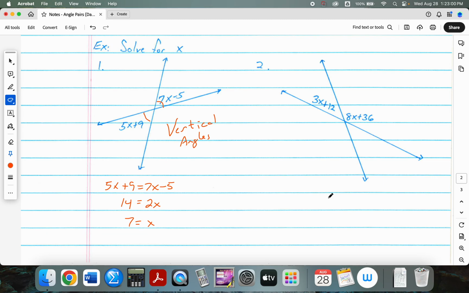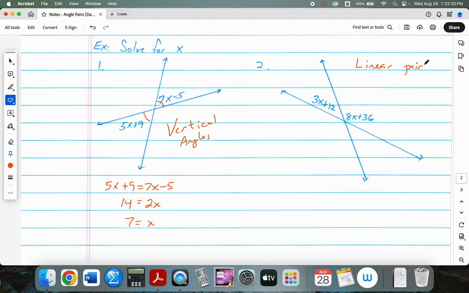All right, what kind of angles are the second pair of angles? They're a linear pair. What do we know about the angles in a linear pair? They equal 180. Okay, so I changed up the wording on this one.